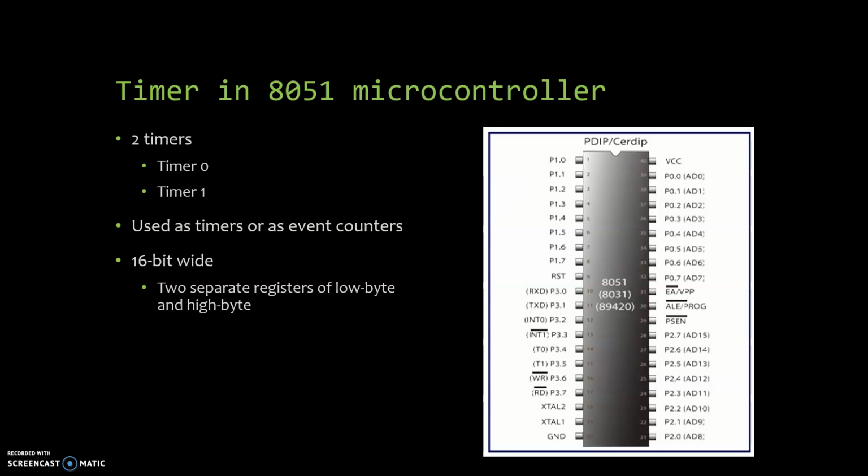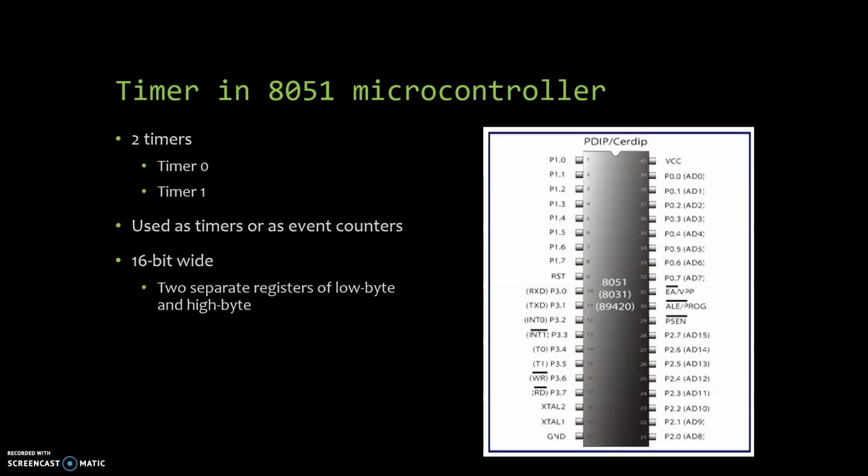They can be used as timers or as event counters, so when something happens, it can count that event. Both timer 0 and timer 1 are 16-bit wide, basically meaning that you can use up to 16 bits to activate the timer.